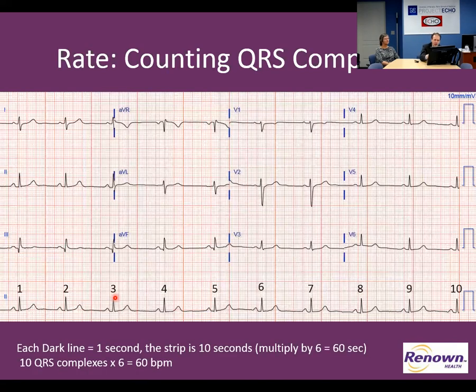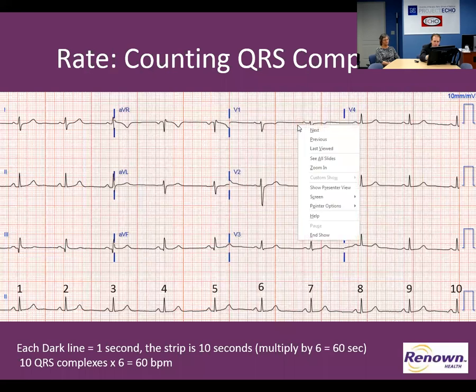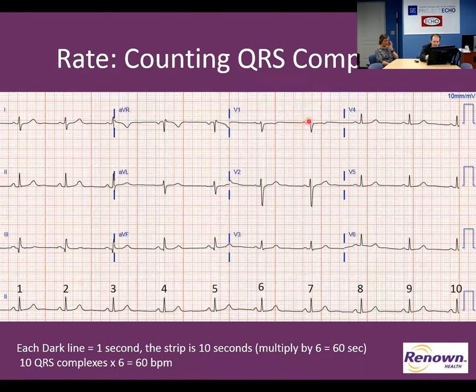So this is not a perfectly ideal sinus P wave in V1, but if you did have a perfectly ideal sinus P wave in V1, it would be upgoing and then downgoing, biphasic. But in every other way, we know that this is sinus rhythm.